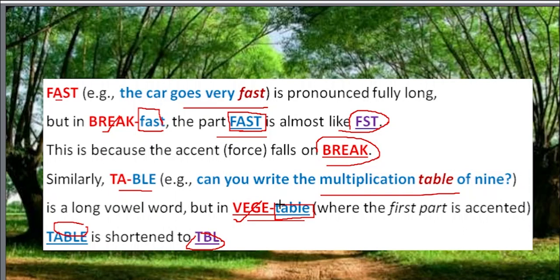So in both the cases, breakfast and vegetable, we shorten them, table to table. So the unaccented part is shortened in duration, and also in force, also in loudness, vegetable. Breakfast. Both loudness and duration, we are shortening the unaccented syllable.